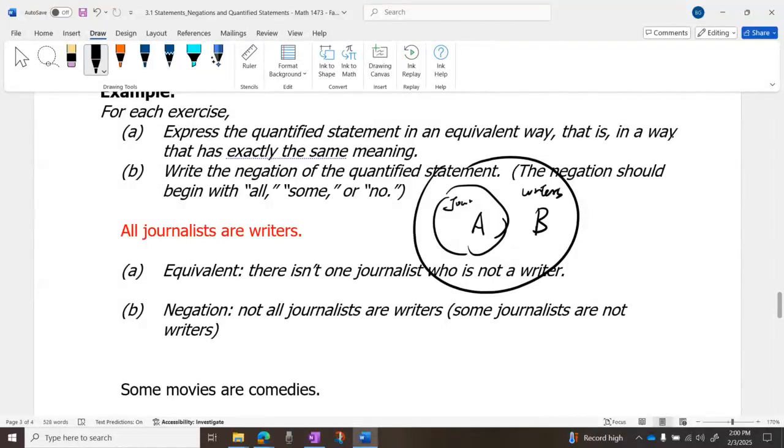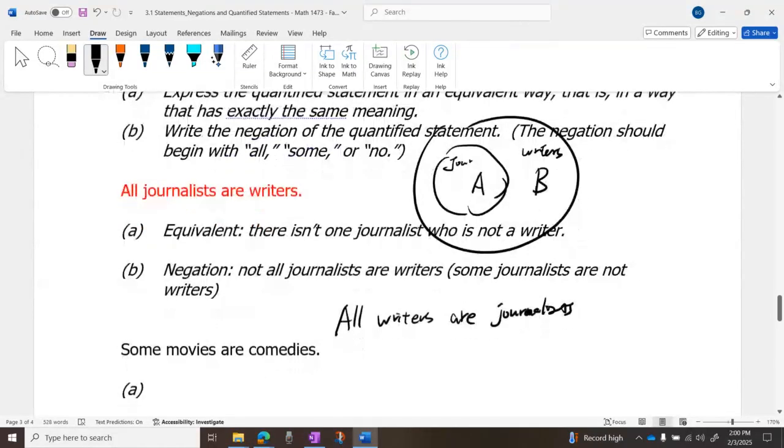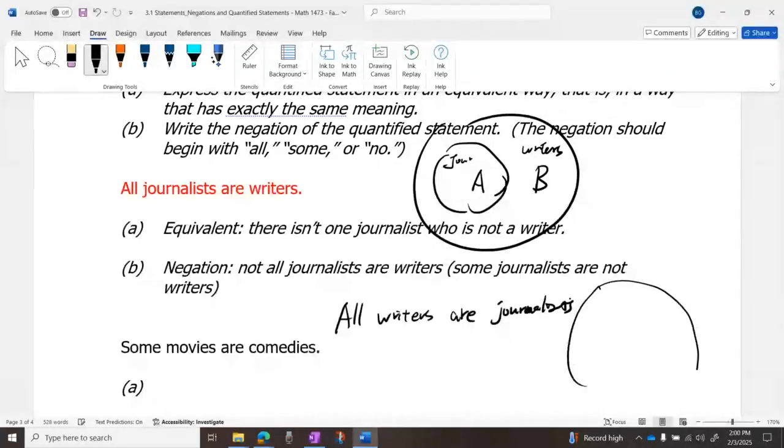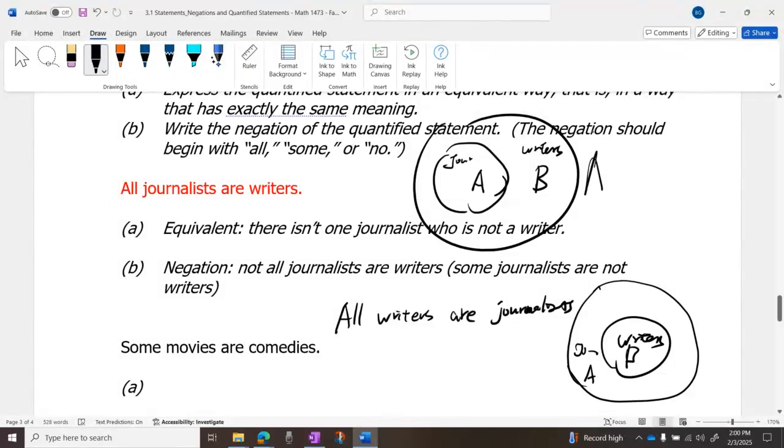But if we consider the sentence all writers are journalists, then the Euler diagram is going to be like this. This is writers, this is B. And this is A, journalists. This one means A is a subset of B. This one, B is a subset of A. They are completely different.